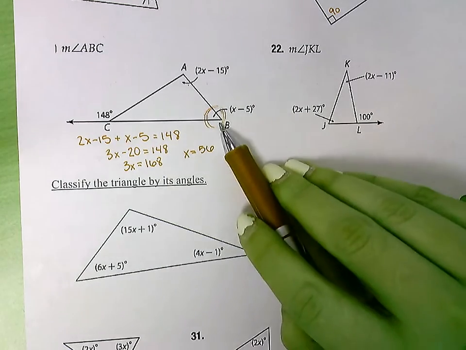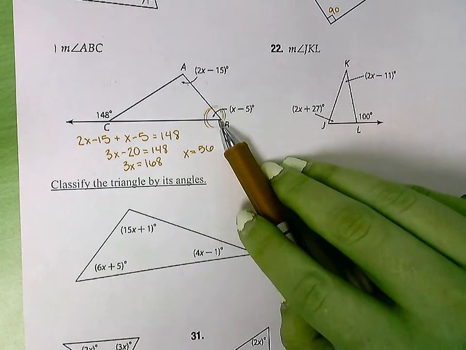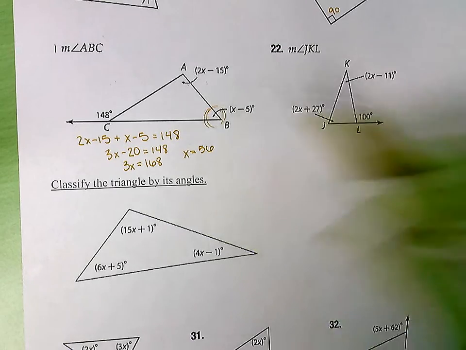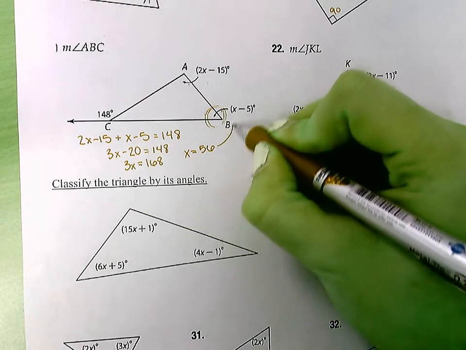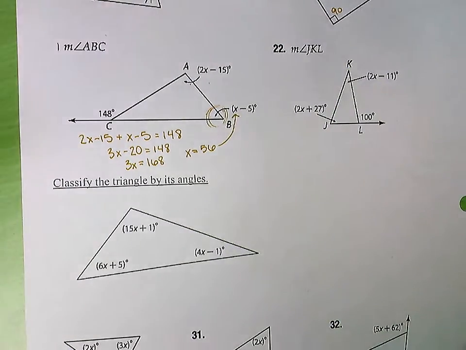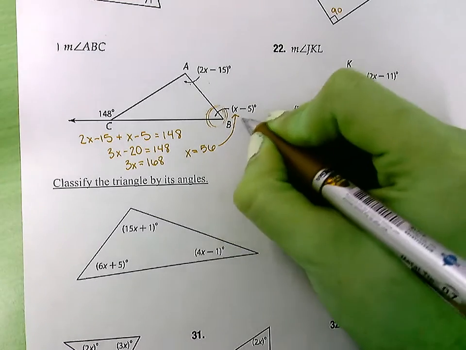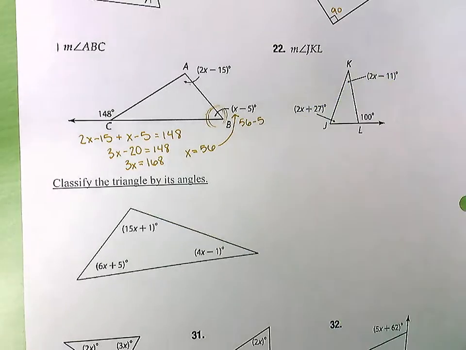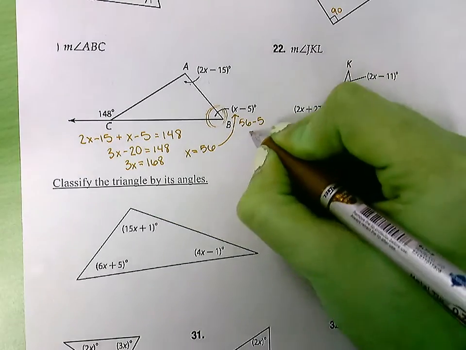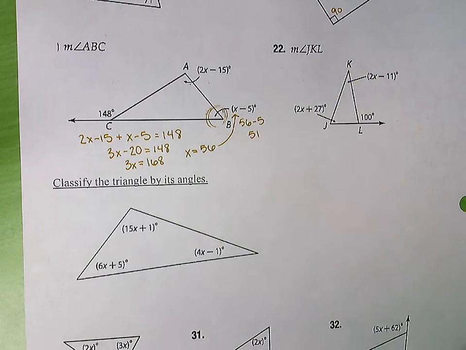Now I still want to find the measure of this angle right here, ABC. So I need to plug in 56 for that x value. So I'll have 56 minus 5 to get 51.